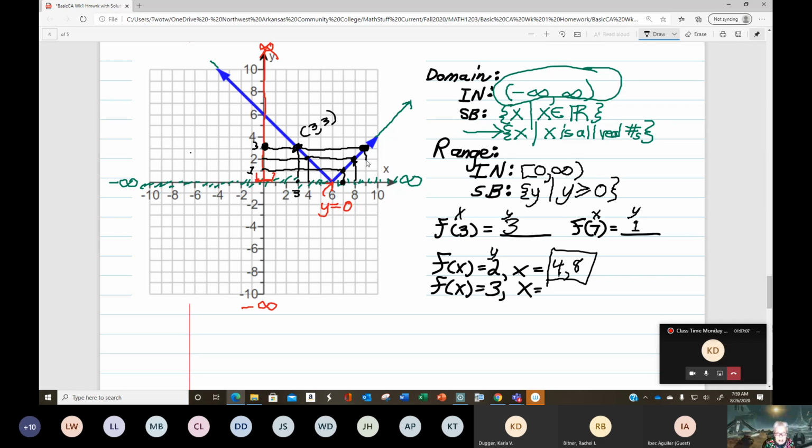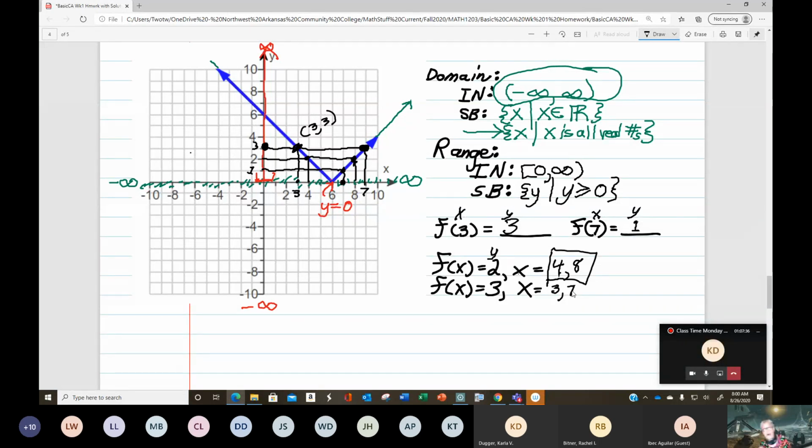So I have to come down to the x-axis and also 7. So if y is 3, then x is going to equal 3, yes, but x is also going to equal 3 and 7. Right there like that.